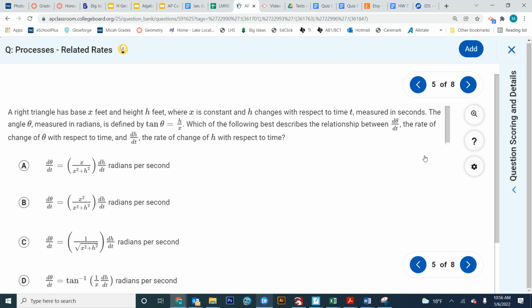Where x is constant. Which way do you think is better? Secant squared theta, d theta dt equals this thing? And I'm not going to do the quotient rule on this. Why am I not going to do the quotient rule on this? Because x is constant.